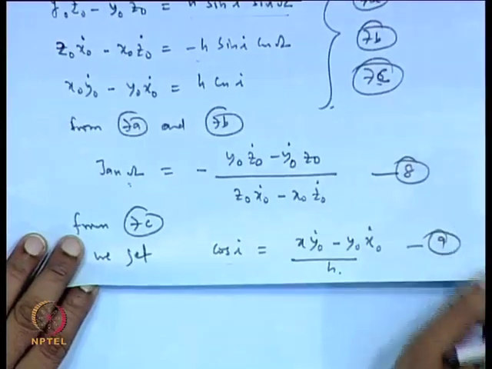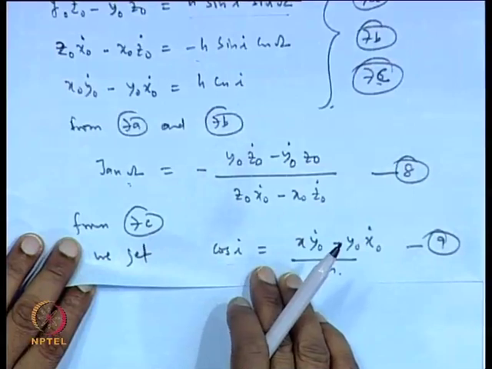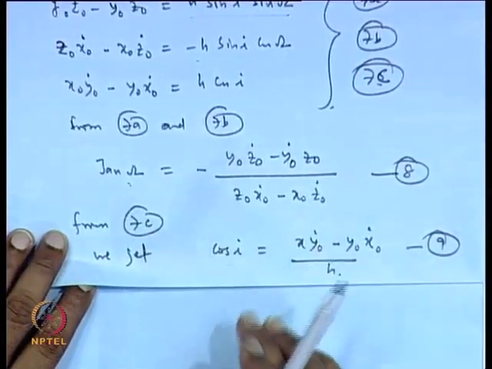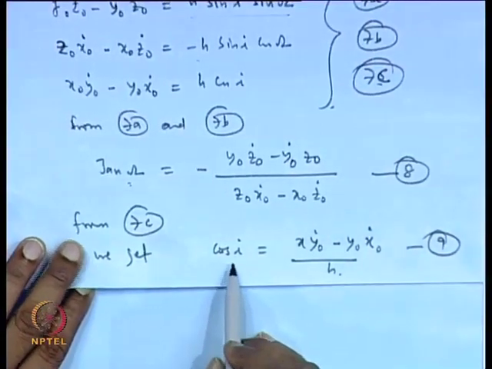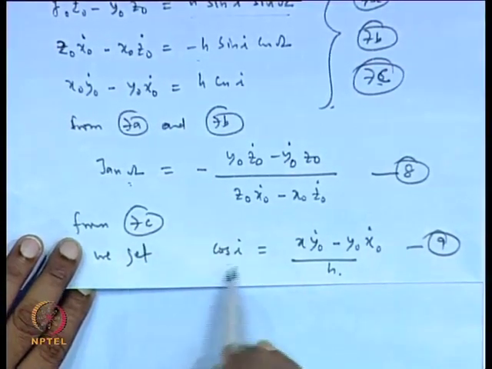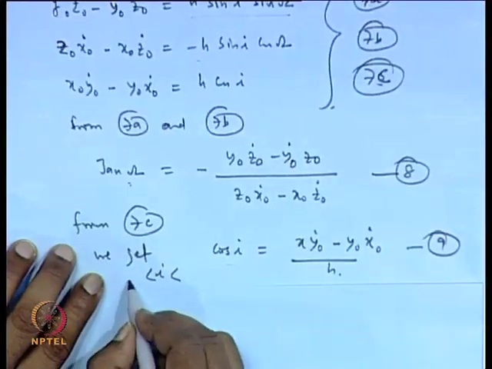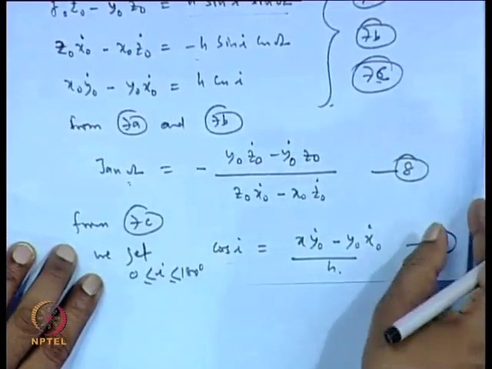So, for I less than 90 degree, it is called the prograde orbit, and I greater than 90 degree, it is called the retrograde orbit, and for I exactly equal to 90 degree, it is called the polar orbit. So, there is no ambiguity of the sign of I, because I will vary from 0 to 180 degree.